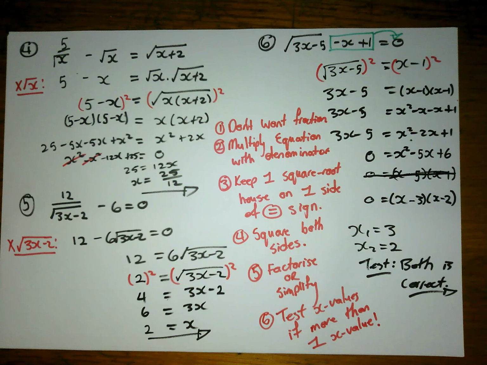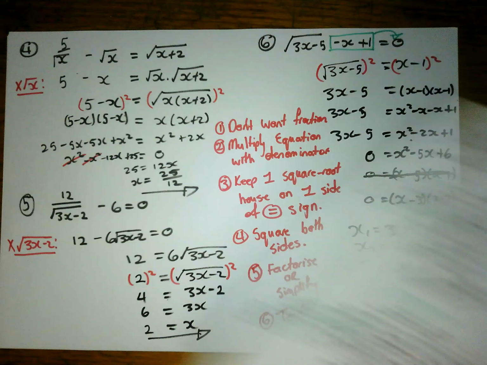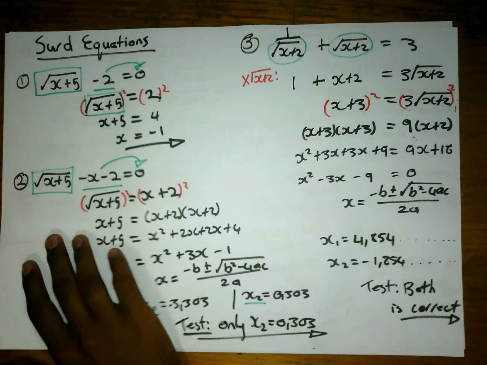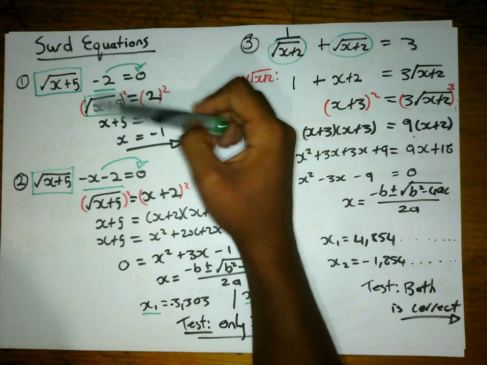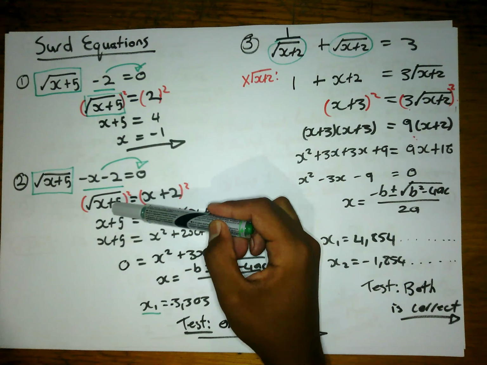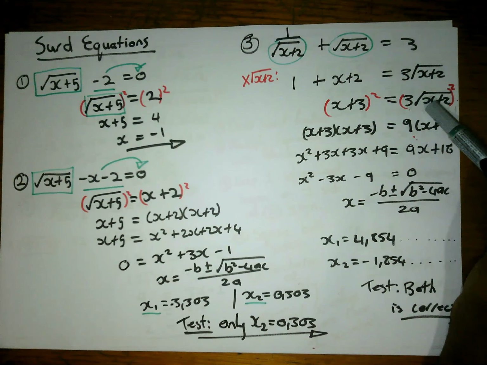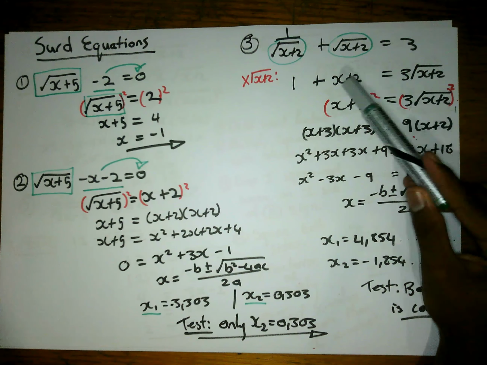Once again, this method is constant throughout the entire video. So we want one square root on one side, one square root on one side, one square root on one side. Then we square both sides.